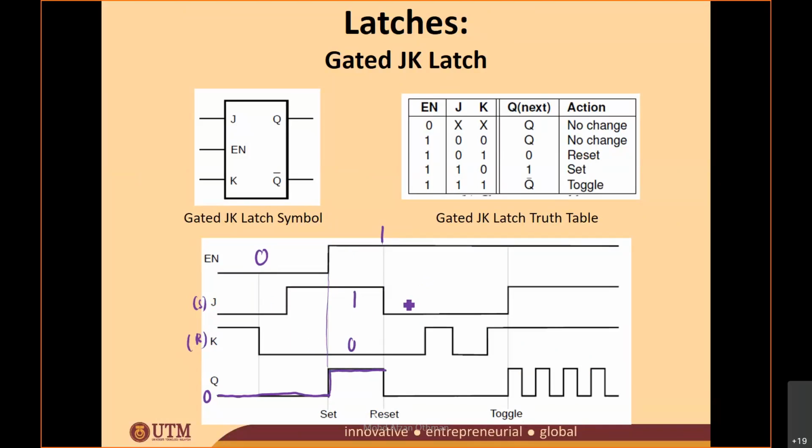And this one here, when 0, 0, what happen when 0, 0? Apa berlaku bila 0, 0? 0, 0 maksudnya no change. Okay, so sepatutnya kat sini 1, bukan kosong ya. Because when 0, 0, this one is no change. Tak berubah.